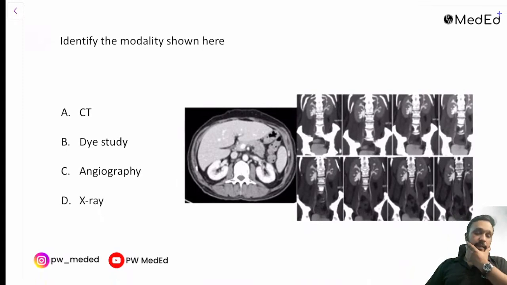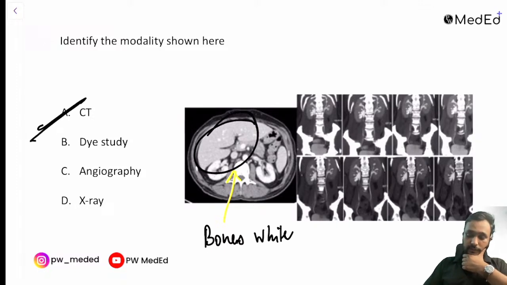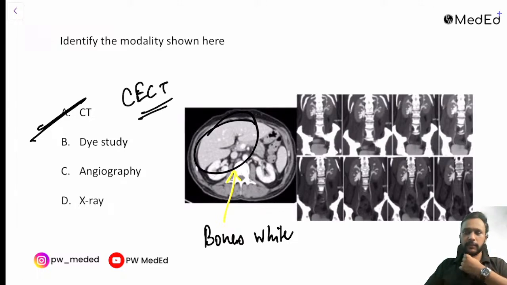Identify the modality. So here in this image we can see that your bones are appearing white. You can see the soft tissues as well. So this is your CECT abdomen which is being shown here, right?